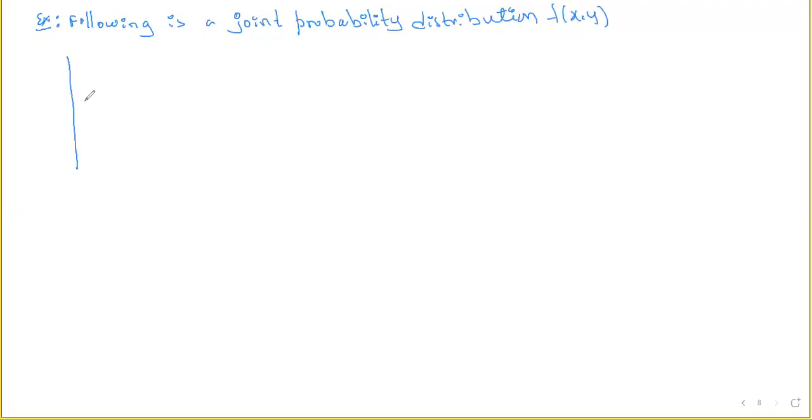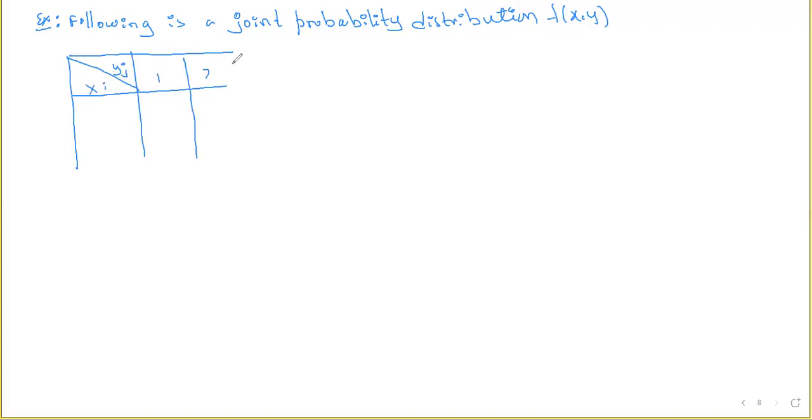Following is a joint probability distribution f of X comma Y. So they have given one joint probability distribution in terms of X and Y. Here we have yj, and here we have xi.